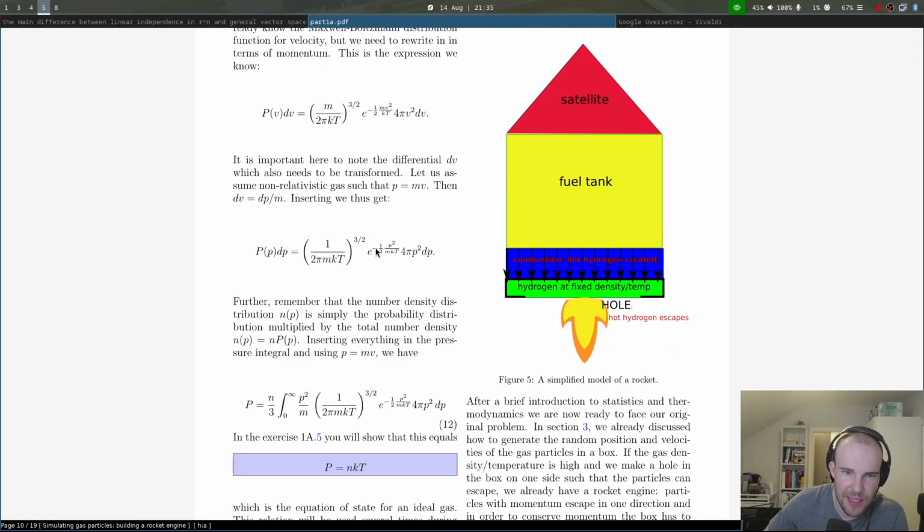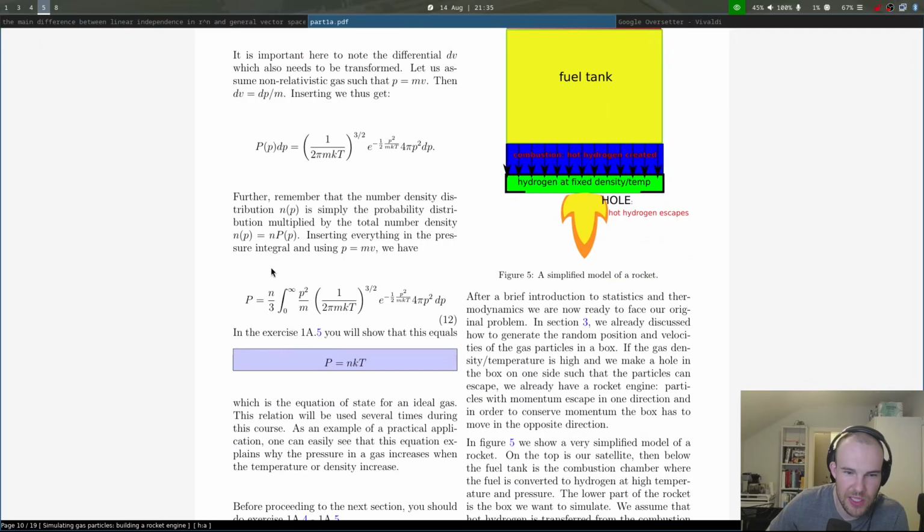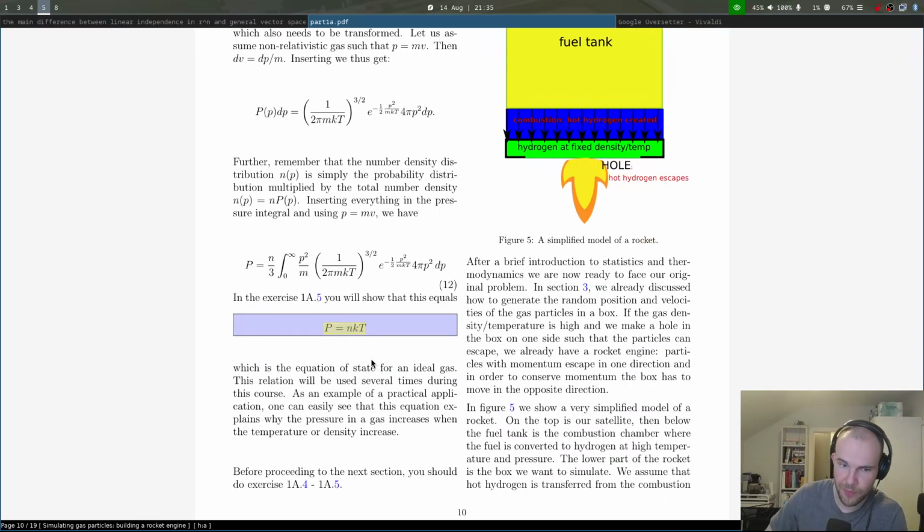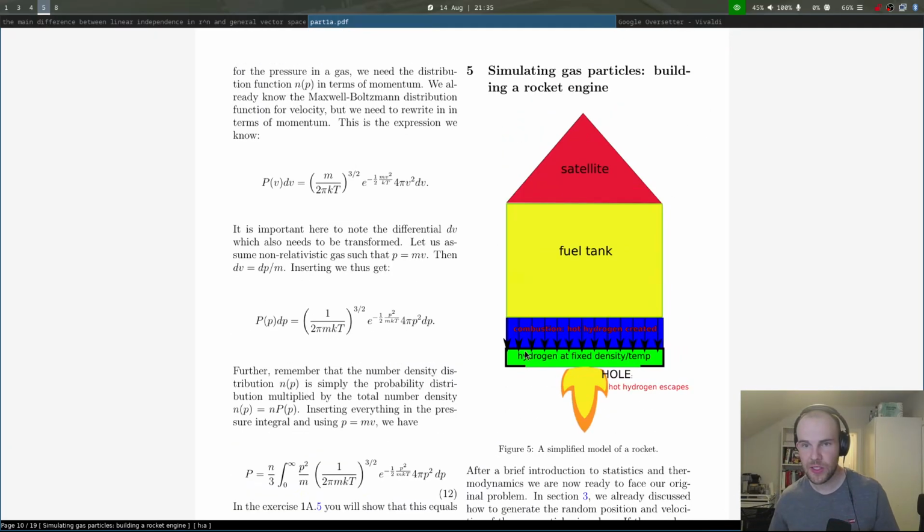But if you go through this and the calculations, you will see that this is actually the ideal gas law, right? That's perfect, because now this equation tells us that to increase the pressure in a gas, all we need to do is increase the temperature or the density, which is what we want, because if this is our rocket, there's a satellite, there's a fuel tank, and let's say I have some box, if we increase the pressure, of course the momentum will be bigger.